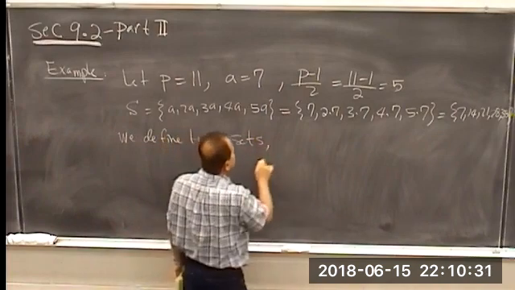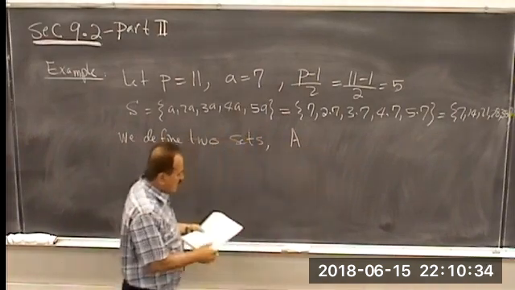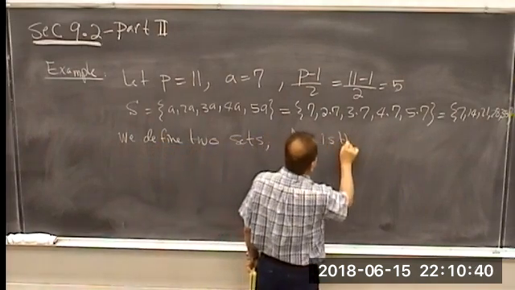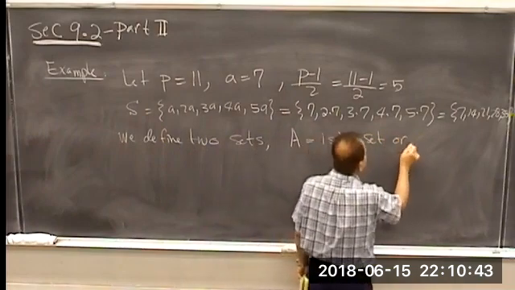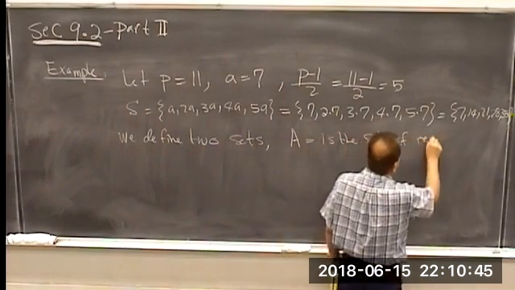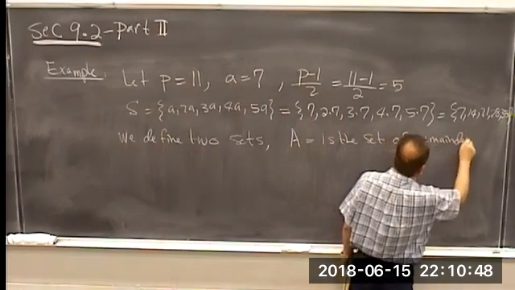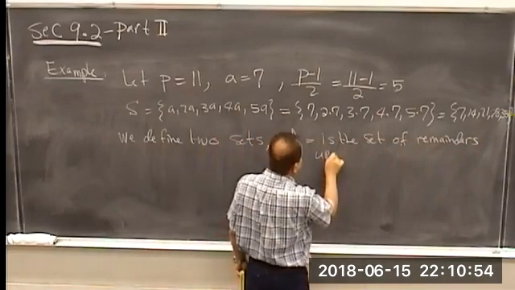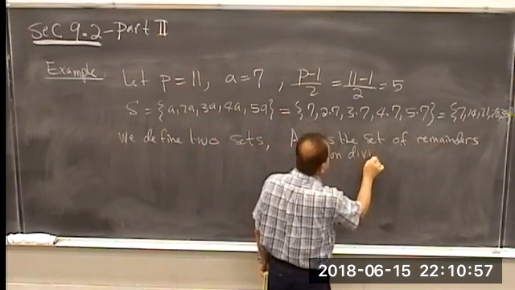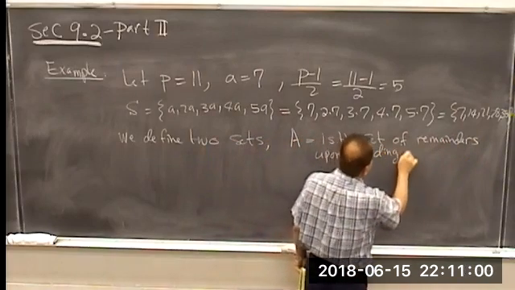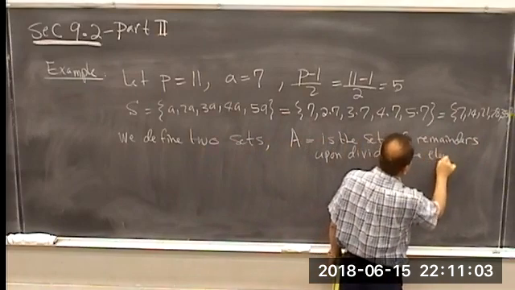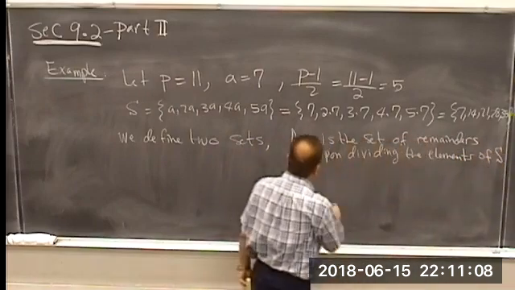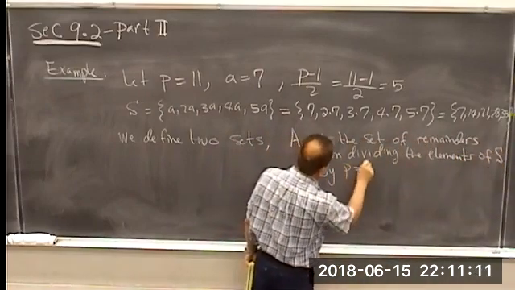A, and the elements of this set are the set of remainders upon dividing the elements of S by the prime 11.